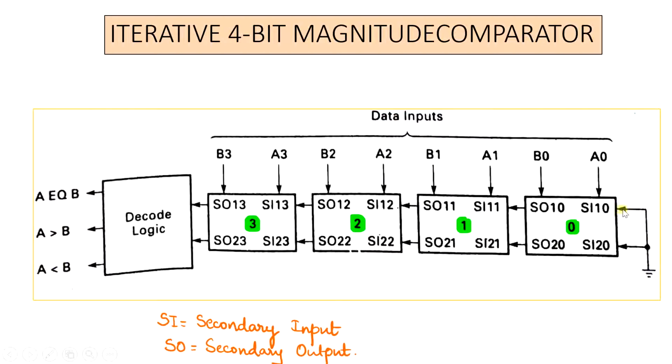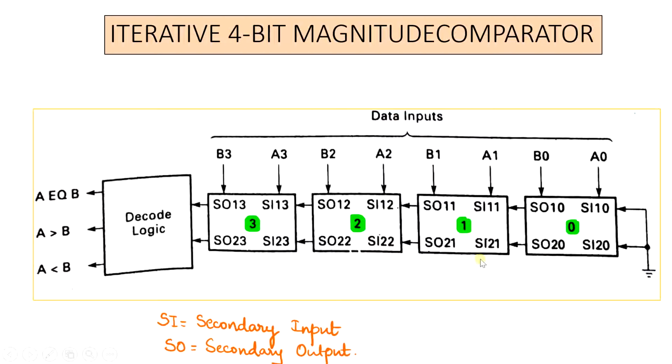This also forms the secondary input, secondary output, which is given to the secondary input of the next cell. This is the secondary output of cell 1, which is given to the secondary input of cell 2, and so on. So as you can see, the intercell secondary inputs and the outputs are encoded using 2 bits.